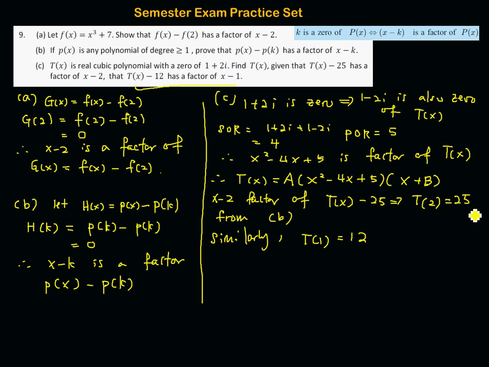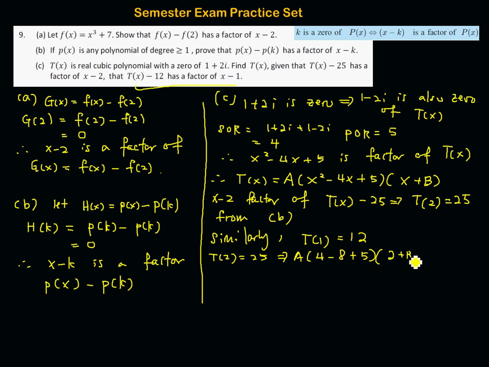From t(2) equal to 25, we let x be 2, and you have 4 minus 8 plus 5, and here you have 2 plus b.